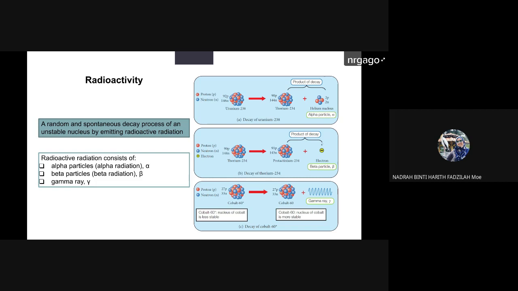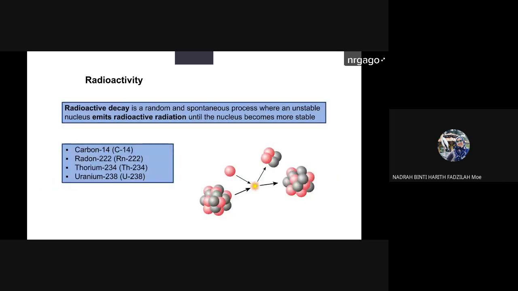So let's take a look at radioactive decay pula. Radioactive decay is a random and spontaneous process where an unstable nucleus emits radioactive radiation until the nucleus becomes more stable.